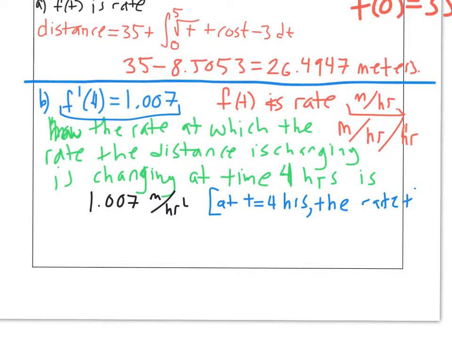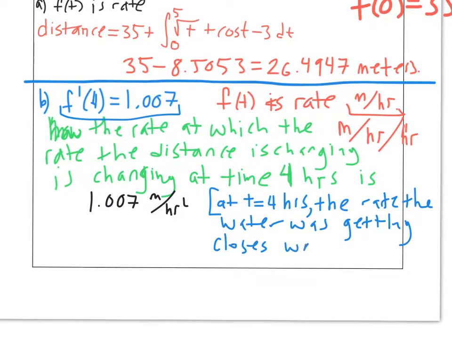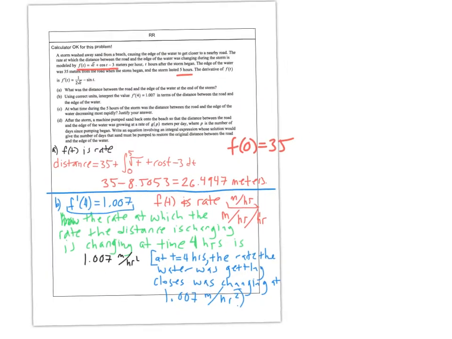So the rate the water was getting closer was changing at 1.007 meters per hour squared. That's a more precise version of this. There's less double using words to get that reasoning in there, but that will get you where you need to be as well.